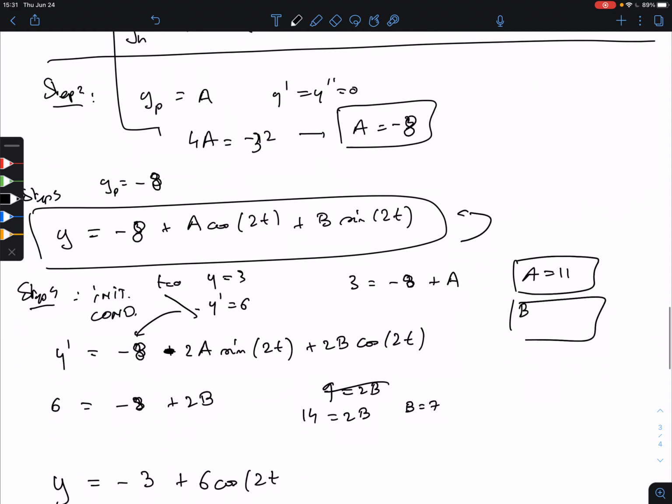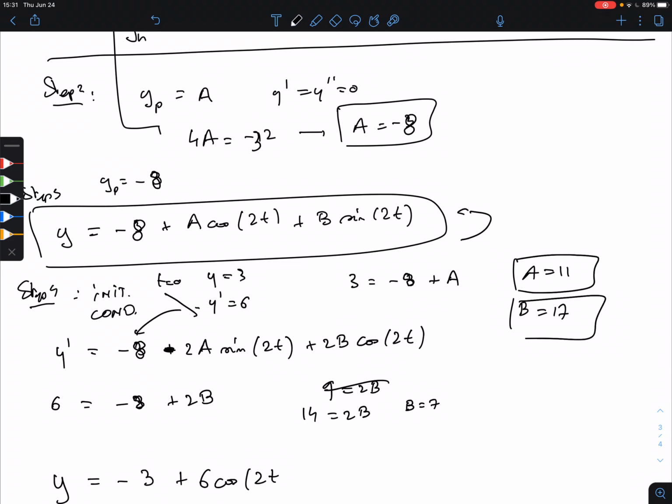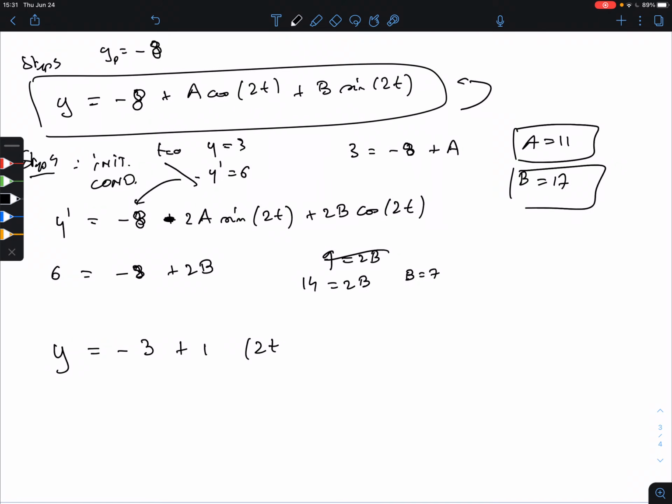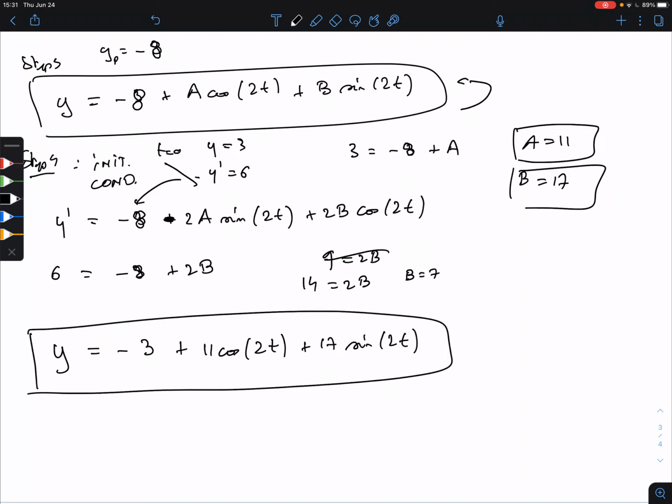And then B, sorry, did I? No, that's correct. B is 17. Okay, sorry. Yeah, I got it right. So the motion is 11 cosine 2t plus 17 sine 2t. Oh, minus 8, sorry, minus 8.